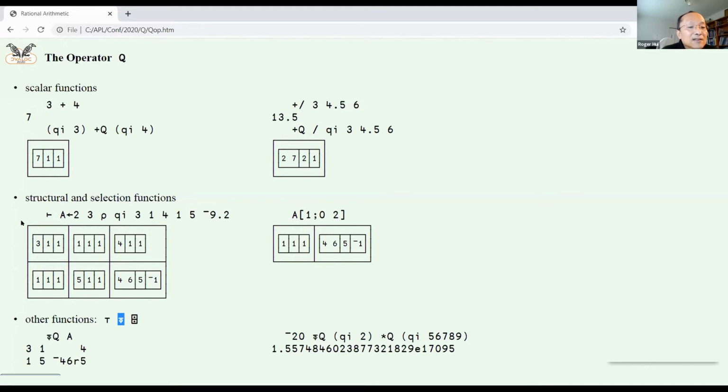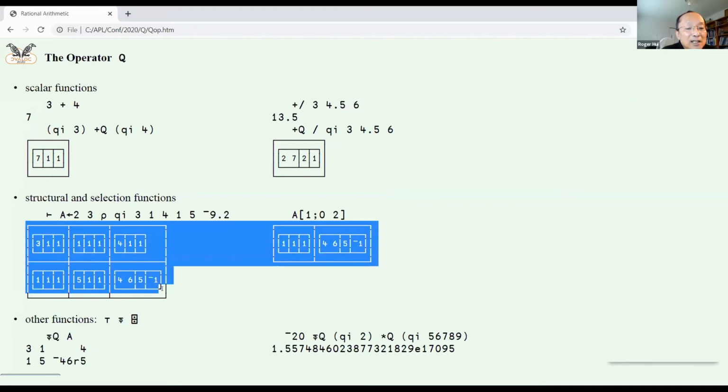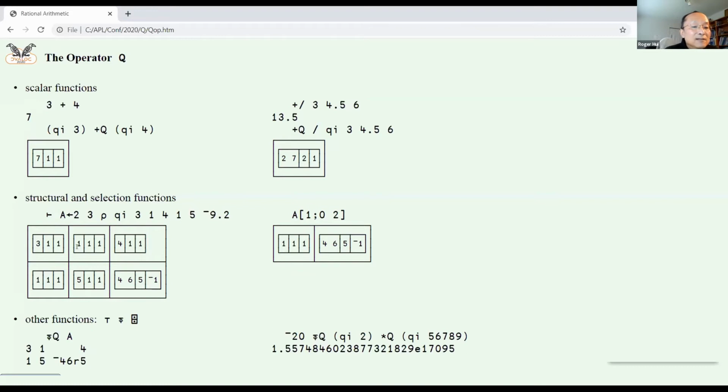So this rational matrix A that we have here is kind of wonky to look at, but if you apply thorn Q to it, you get something that's more compact and maybe more easily understandable. And the output notation is that the numerator and the denominator are separated by the letter R.